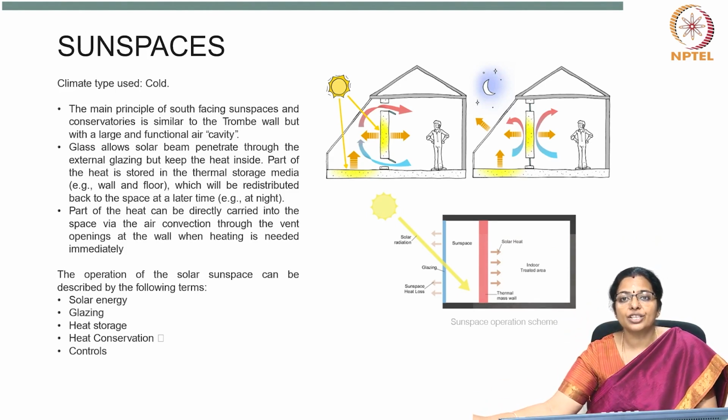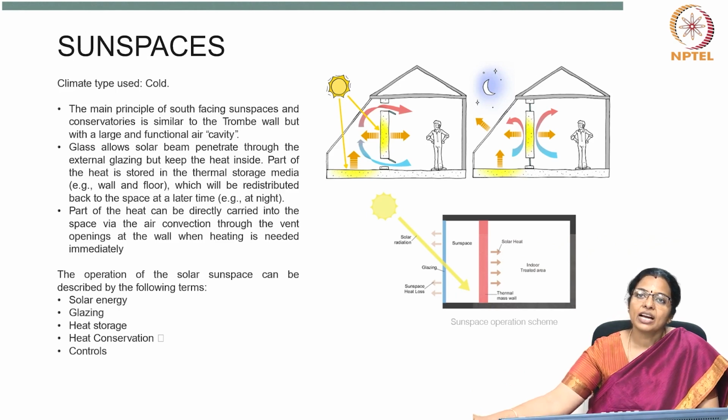Heat conservation is an important thing. The most common are heat losses through the glazing, the infiltration, the exfiltration, and the conduction heat losses through its opaque surfaces like the walls, the roofs, and the ceiling. Then you have convection losses.